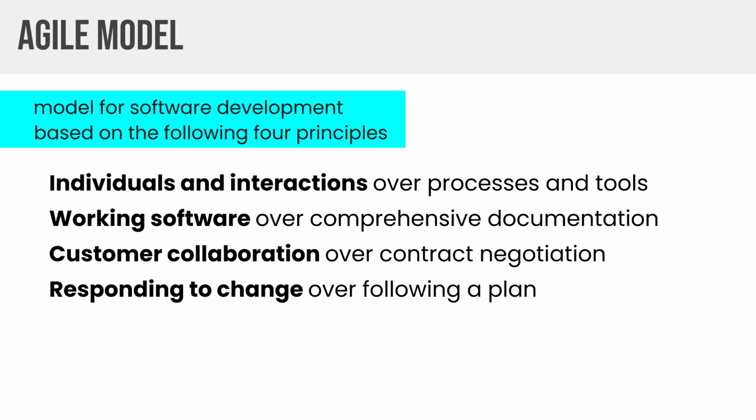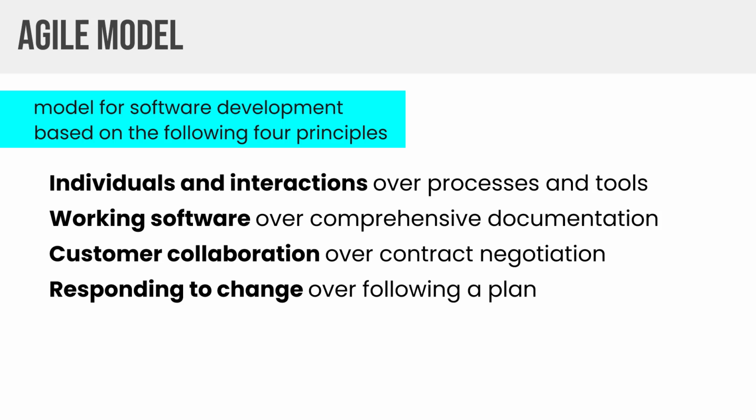The idea here is that we can produce a result that is more effective. It's closer to what the customer wants. It gets us to the finish line faster because we can pivot very quickly based on changes in requirements or changes in our understanding as we build the product and go through new experiences.